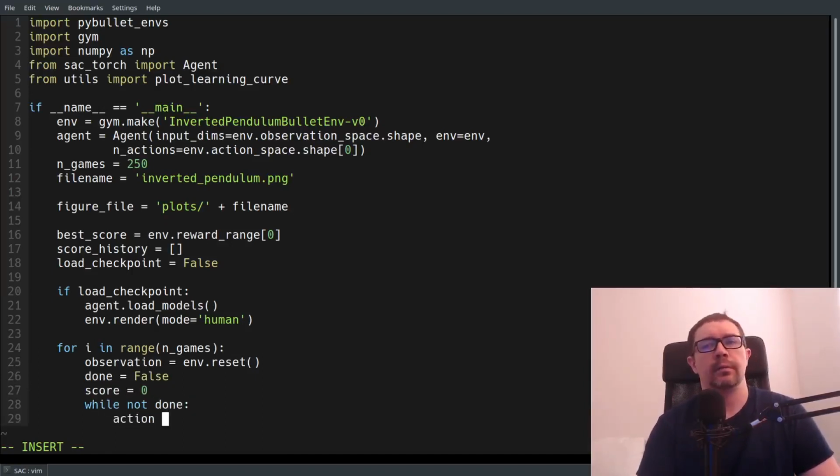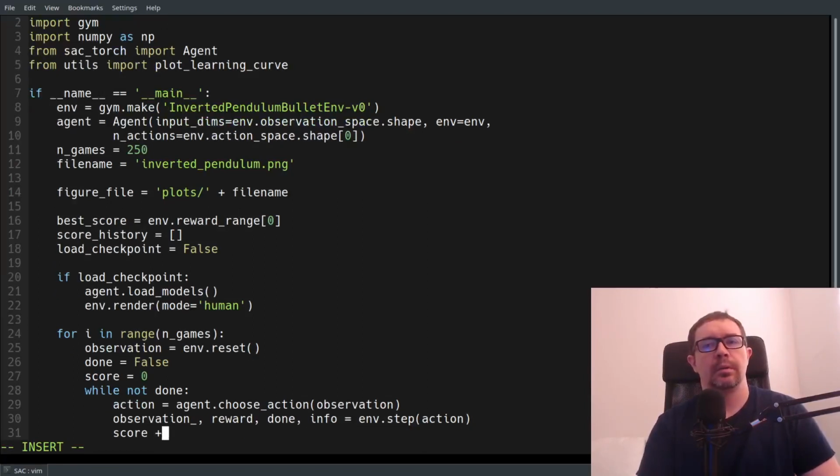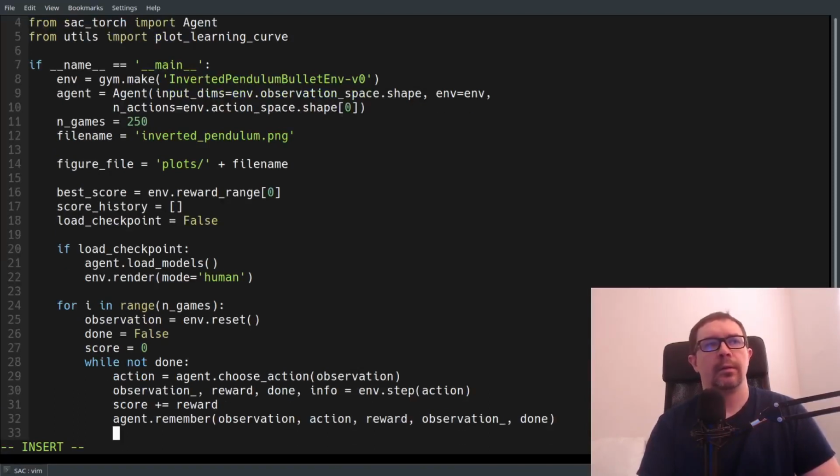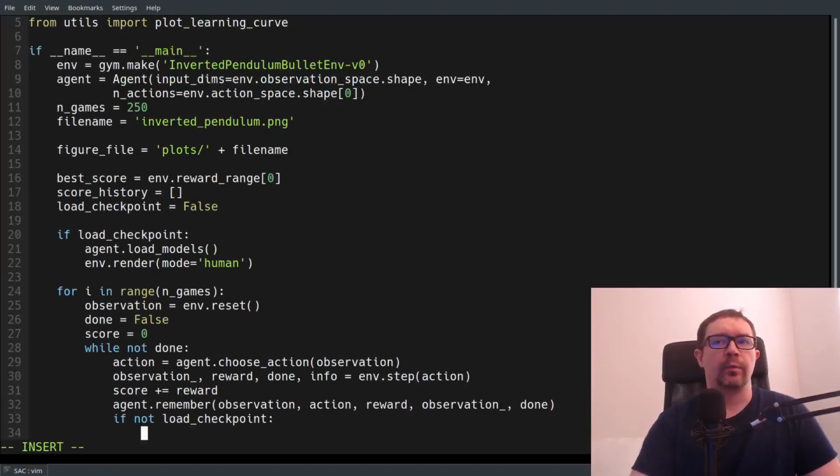While not done, observation underscore, score plus equals reward, agent dot remember. If not load checkpoint, so we only want to learn when we aren't trying to evaluate an agent.